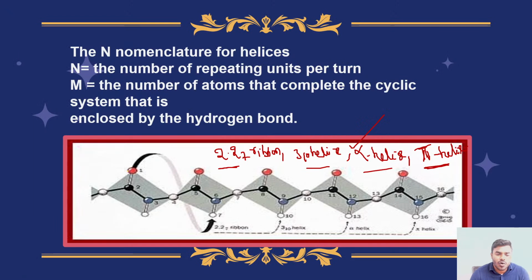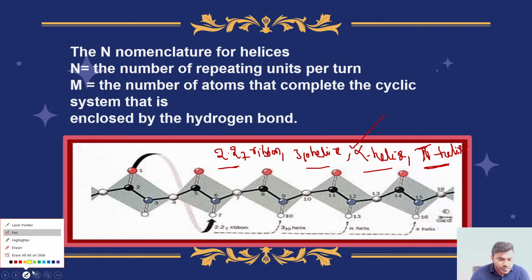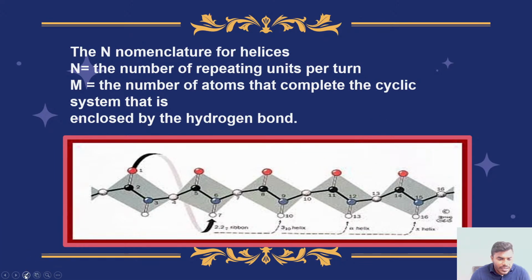Now friends, what I want you to remember is an example. Here I want every student to remember how many atoms are involved in a helix. Please remember, friends, how many atoms are involved in a helix? It is very important, friends, and it is mandatory, you have to remember. Okay, so please listen, try to understand.